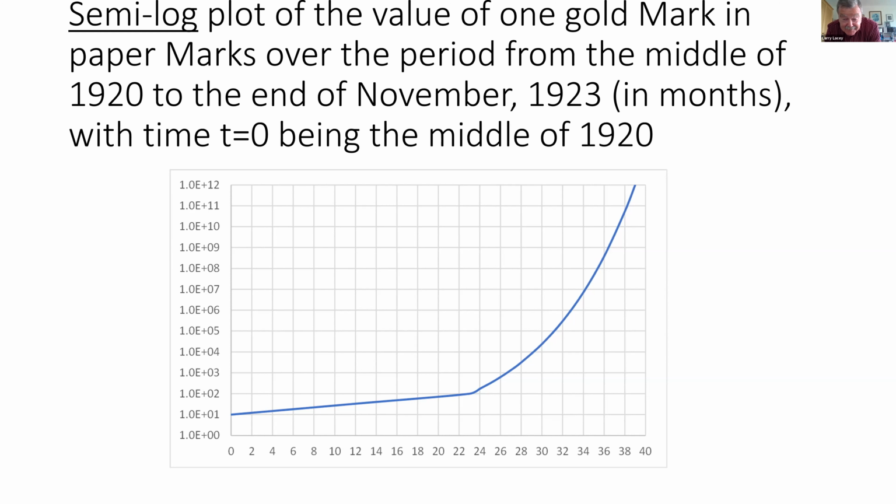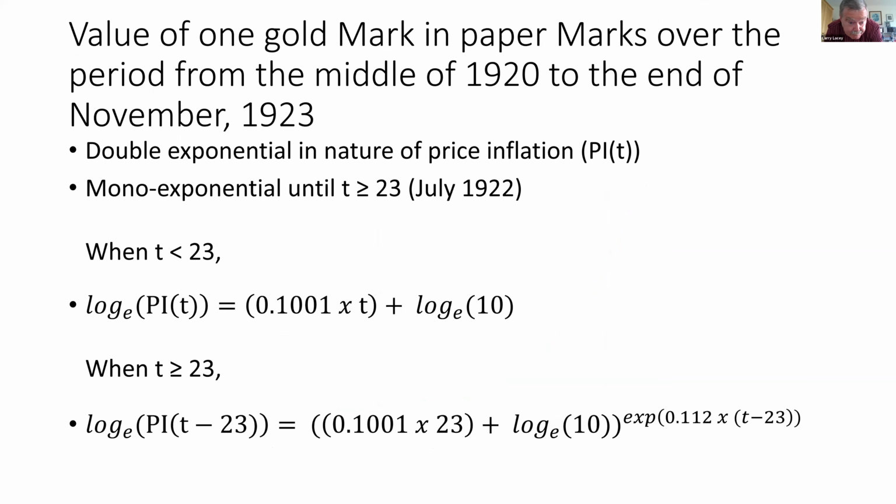Okay, so can I describe that mathematically? Of course I can. Using the methodology I've just shown you, I can work it out. I can actually parameterize it, okay? So as I said, before t less than 23, which is July 1922, you had effectively a single exponential process.